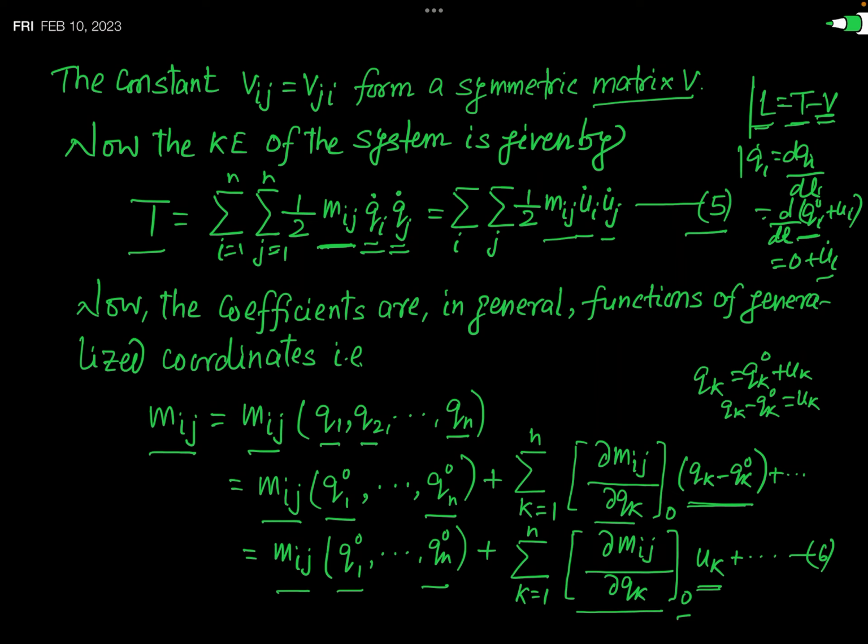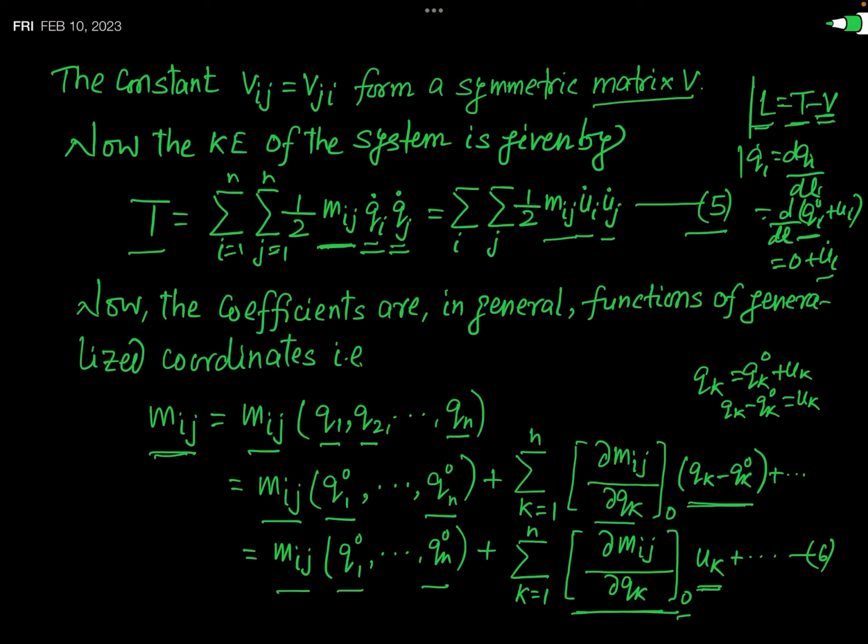So if you keep the second term in the expression for Mij, then the product of ui dot and uj dot with this uk would make the kinetic energy a term higher than quadratic.